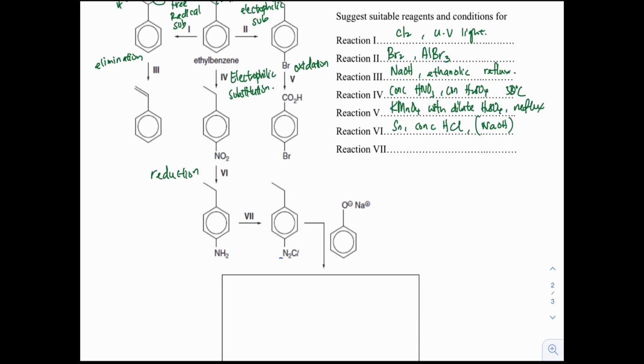For reaction 7, this reaction is the diazotization. For this we need NaNO2 and HCl. The temperature needed is less than 5 degrees C.